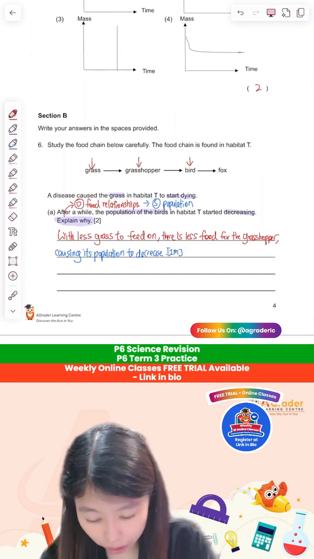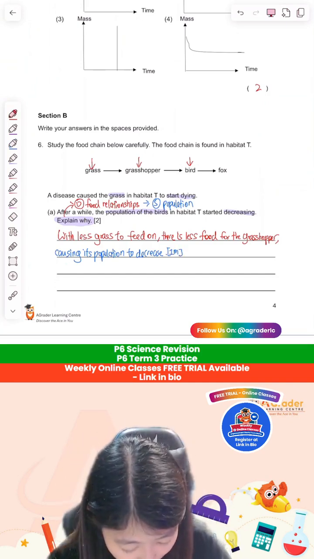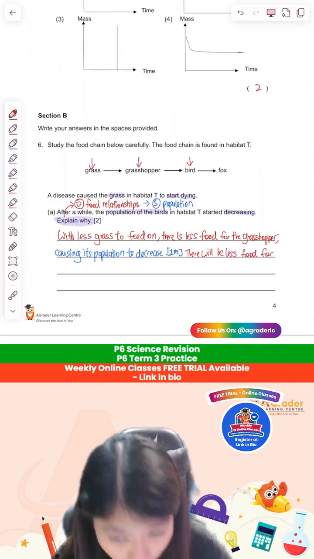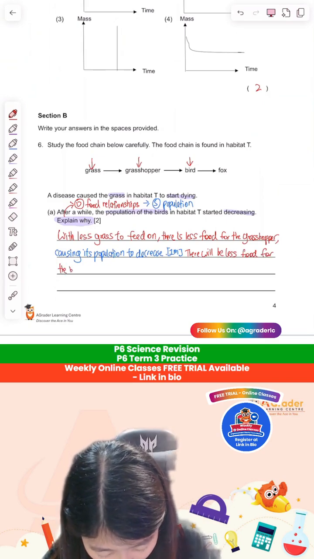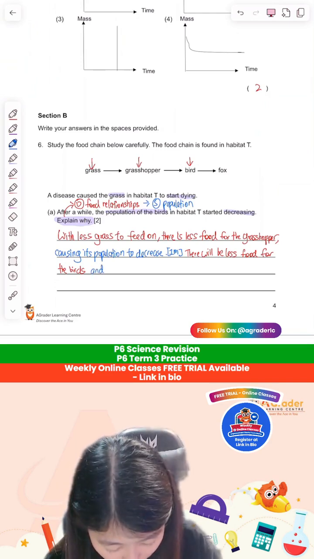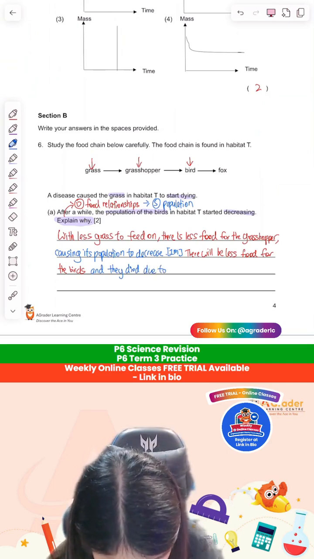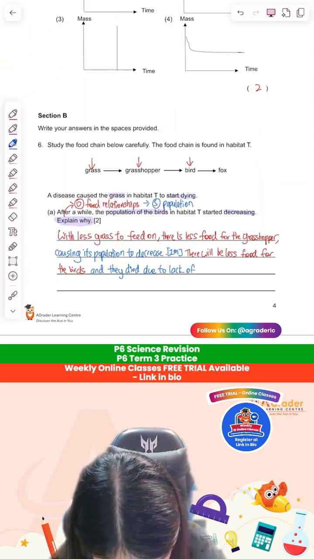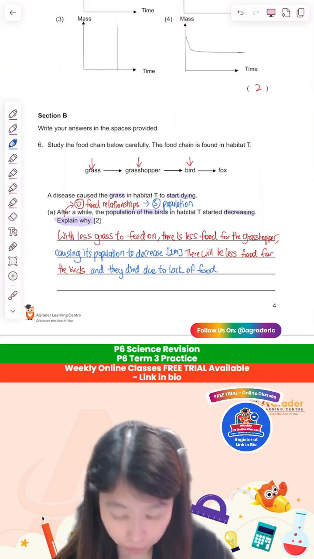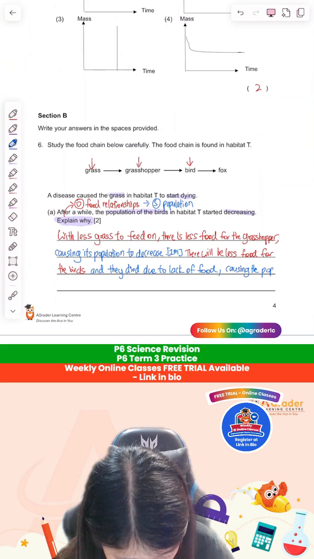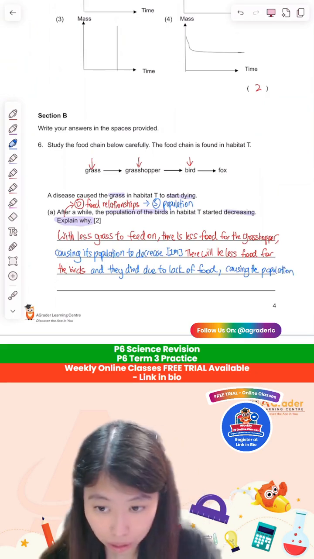And then followed by talking about the next food relationship. So there will be less food for the birds and they died due to lack of food, causing the population to decrease.